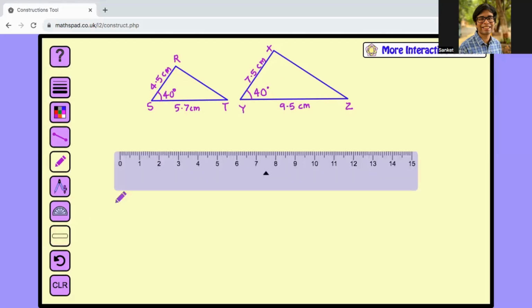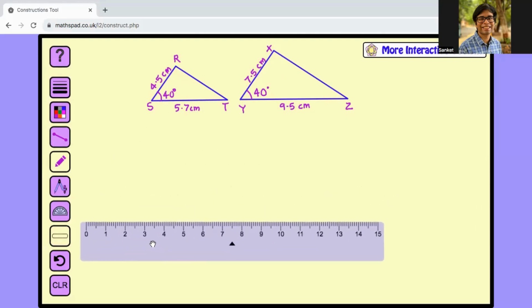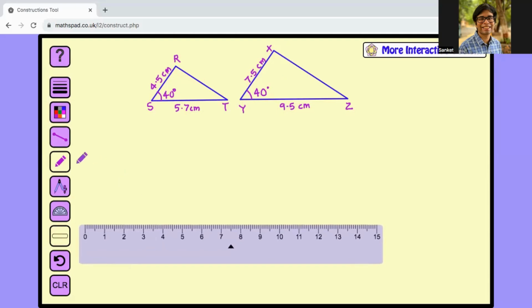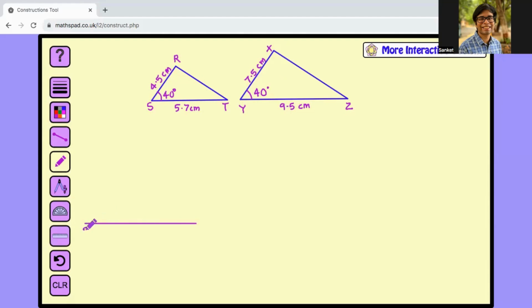I'm going to start by constructing the smaller triangle first. Its base is ST, which is 5.7 centimeter. Let me draw its base first. This is ST, 5.7 centimeter.